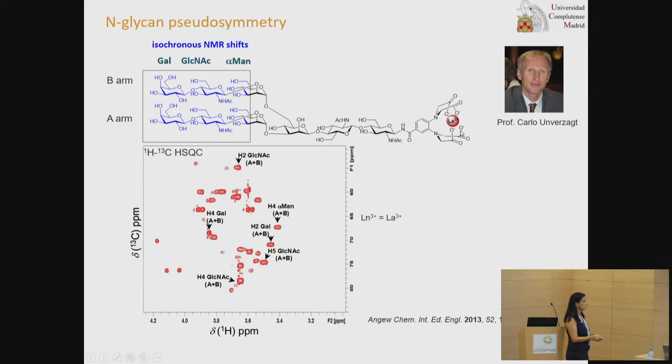As you can see here, for instance, for the GlcNAc units, we have just one peak for both H2 protons. For the galactoses, just one peak for both H4, and so on. In standard experiments, you cannot distinguish the arms because they are in quite a similar environment.